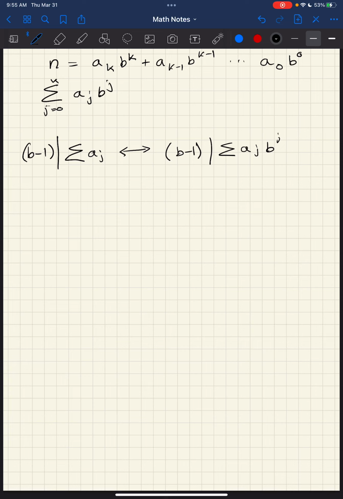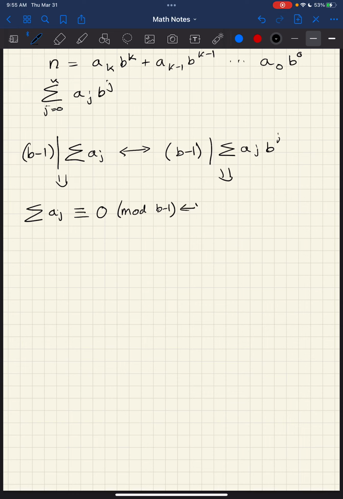All right. So if we convert that to modulus algebra, using the definitions that we had, this transforms into: the sum of the digits is congruent to 0 modulus b minus 1.